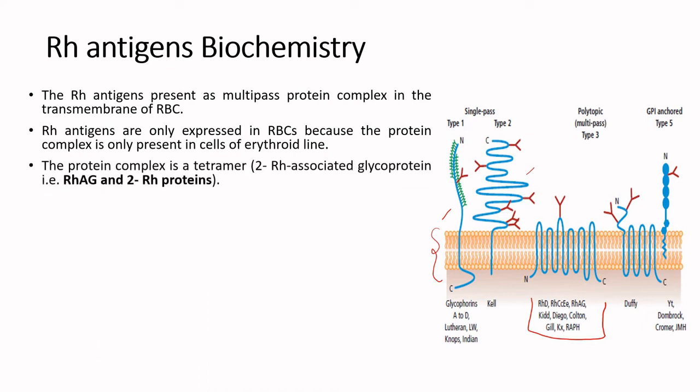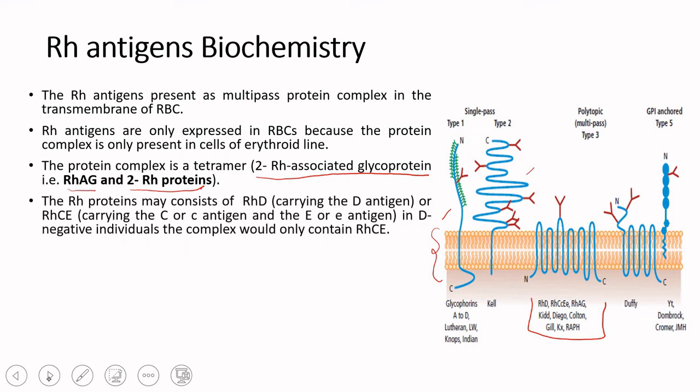The protein complex that the Rh antigen possesses is a tetramer, which consists of two Rh associated glycoproteins, which have been termed RHAG, and two Rh proteins, that we will see which two. There are two Rh proteins which are RHD carrying the D antigen and RHCE carrying the C or small c antigen and capital E or small e antigen.